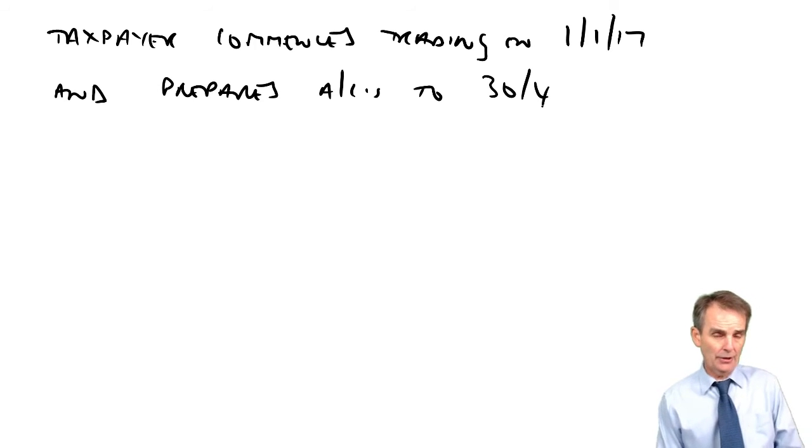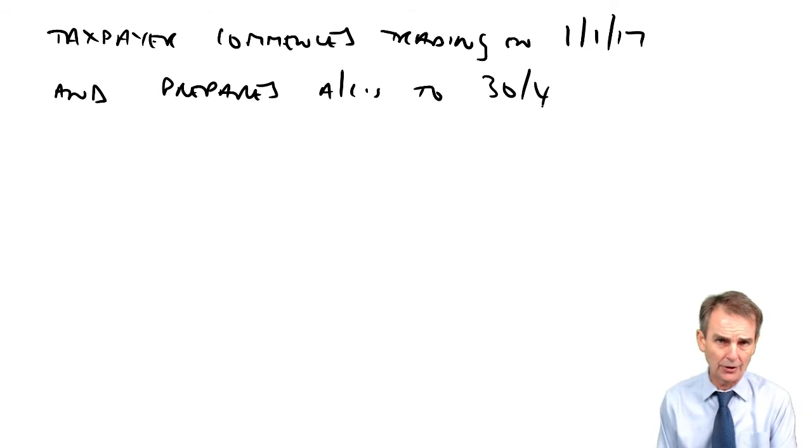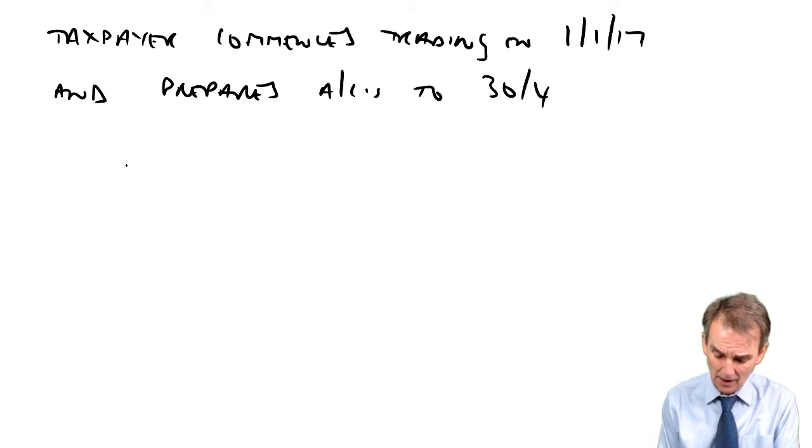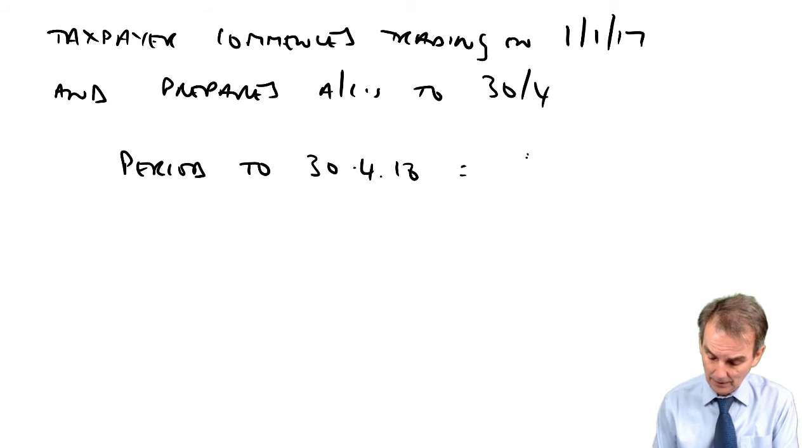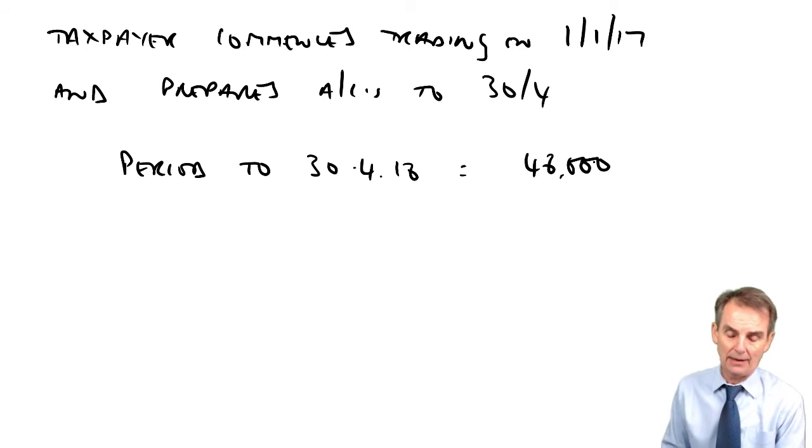But having started on the 1st of January, rather than just going for 4 months to the 30th of April 17, our opening period will be the period all the way through to the 30th of April 18. And in that period, our taxpayer makes a profit of £48,000.